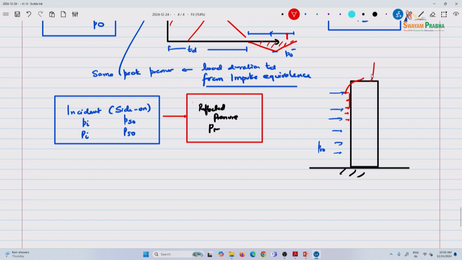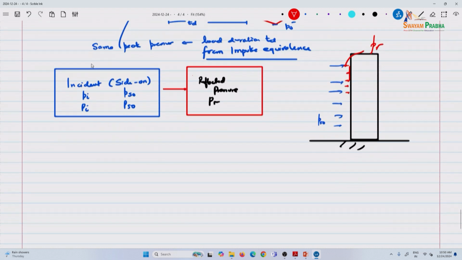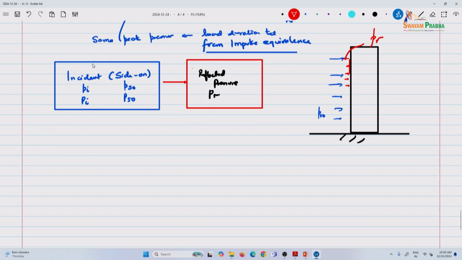This is PR. The stiffness of the structure is not quite considered, although in bio testing, if you're testing specimens related to bio applications, that could come into play. These equations will not be valid there directly because the body can move. So we are talking of more rigid structures.